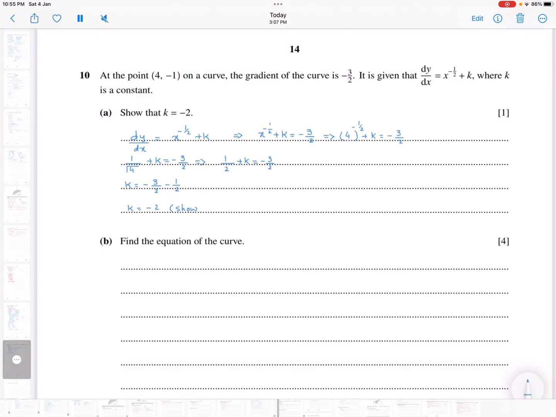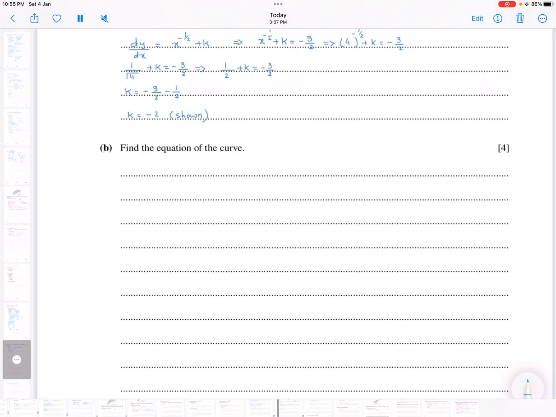And this is shown. In part B, it says find the equation of the curve. So dy by dx is given, so I have to integrate it. I have to go backwards. Integrate x to the power minus 1 over 2, minus 2, dx.